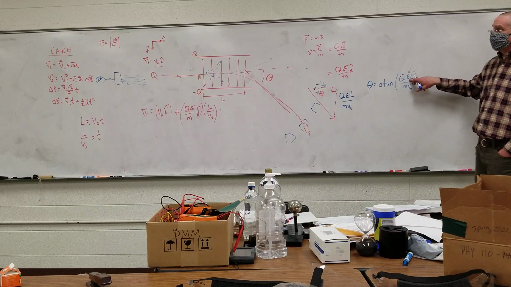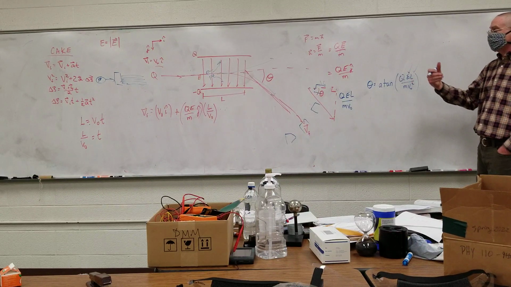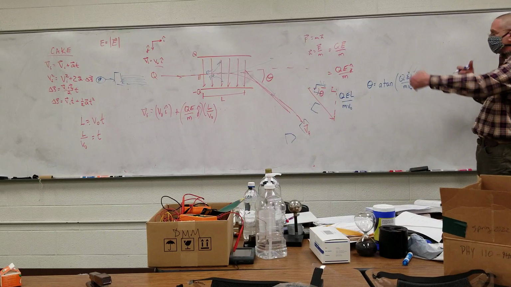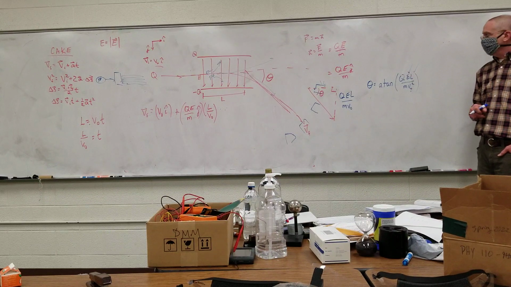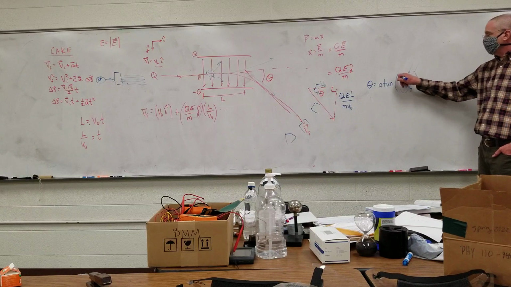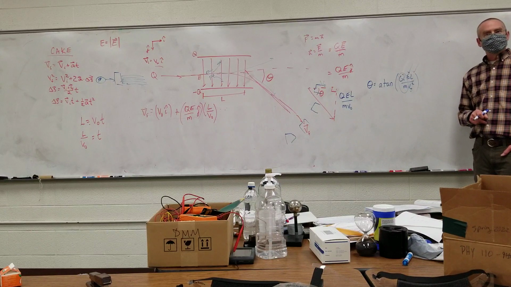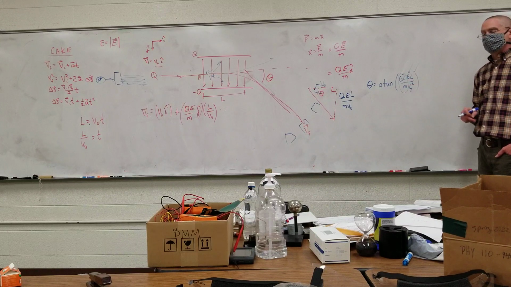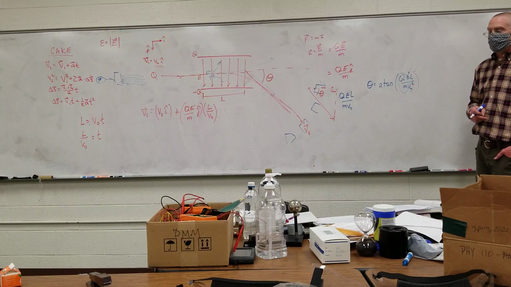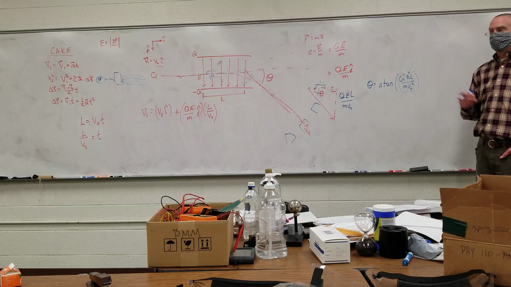I control the electric field. I control how long my capacitors are. My initial velocity I have some control over. What I don't control here is Q over M, and that is a nice identifier for particles. If I have charge divided by the mass, it quickly narrows down what is coming out.